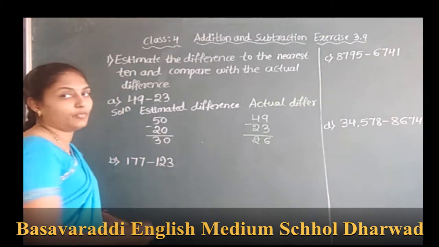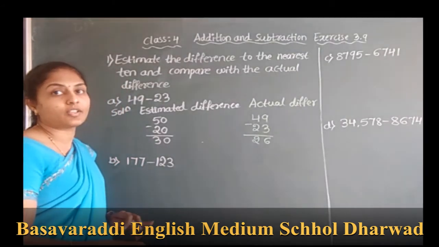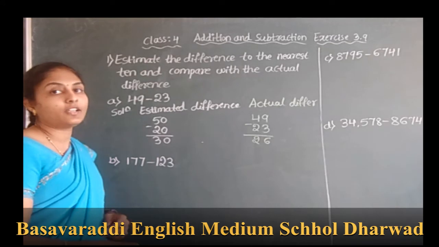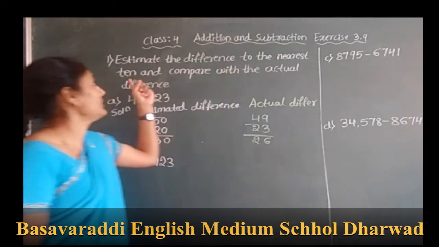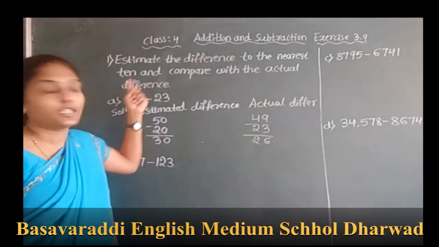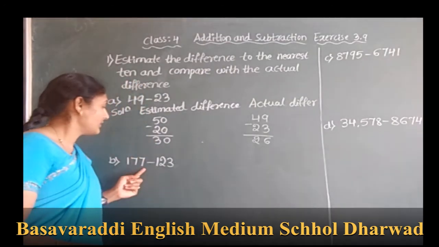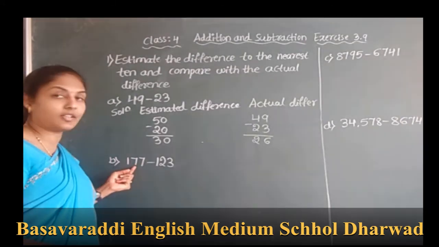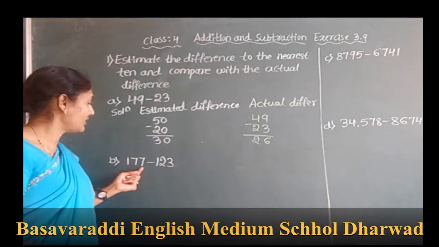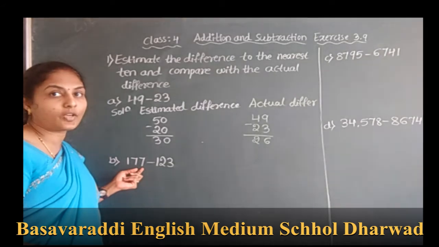Now do B, that is 177 minus 123. The question is nearest to the tens place. Which number is in the tens place? The 7. The ones place digit beside it is greater than 5.